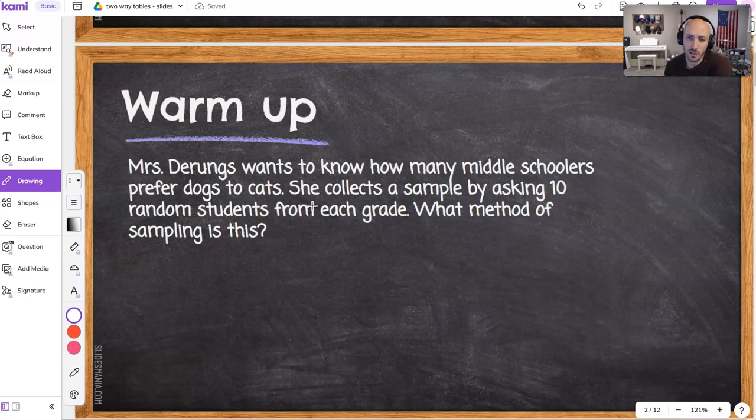Stratified sampling is what this is. That's where you subdivide the population into subcategories or strata, so to speak, and then sample randomly from those categories. That's what this is, right? We're subdividing the population of middle schoolers into different grade levels. That would be considered stratified sampling.